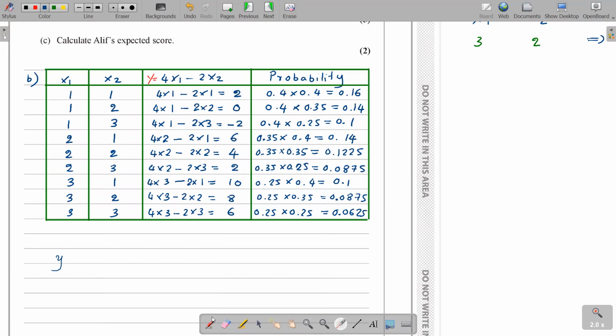The smallest score we have here is -2. After -2, the next score we have is 0. Next one, +2. Next one, +4. Next one, 6, 8, 10. That's all, right?